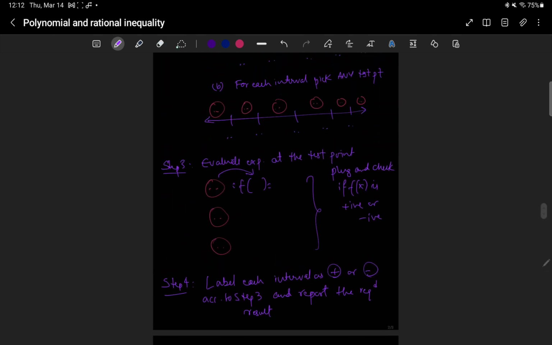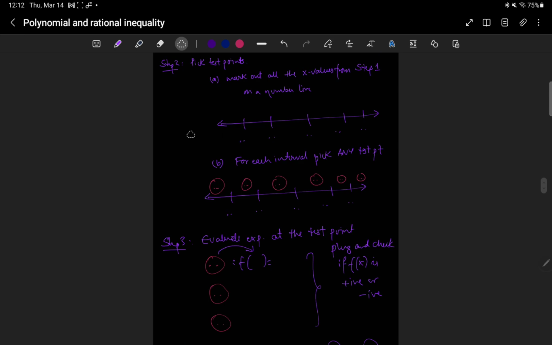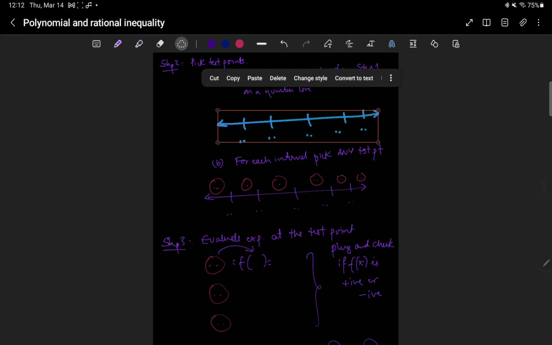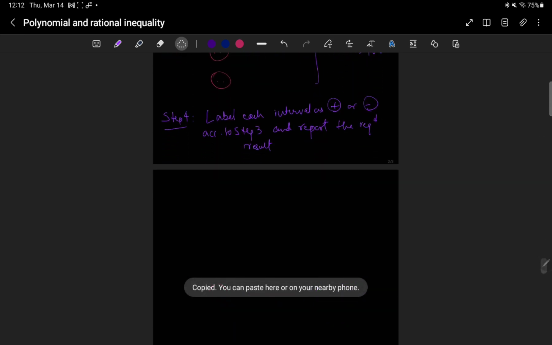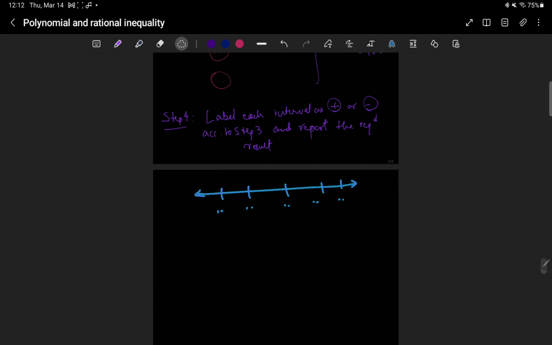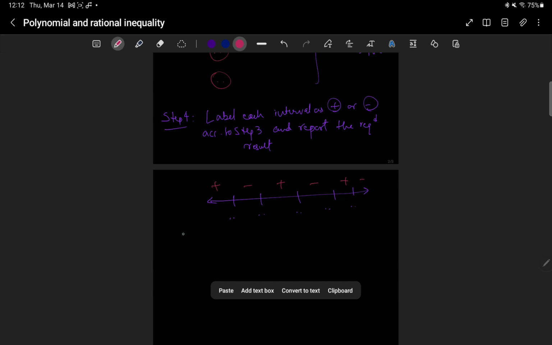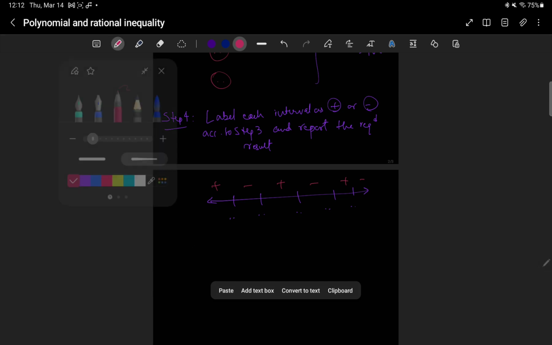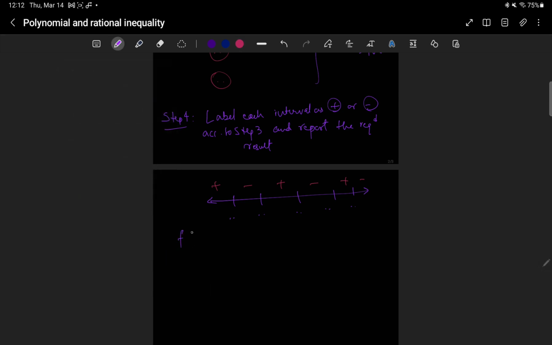So what we'll do is, we're just going to take this old number line from here, stick it in here, and maybe you have positive, negative, positive, negative, positive, negative. And then you just answer your question based on, if you're asked for positive, so the answer for f of x greater than 0 would be the blue interval.